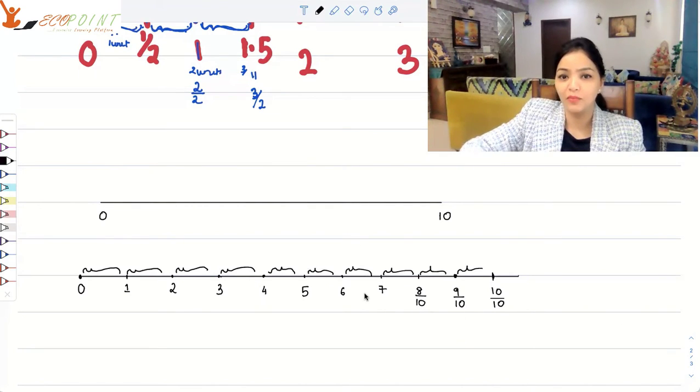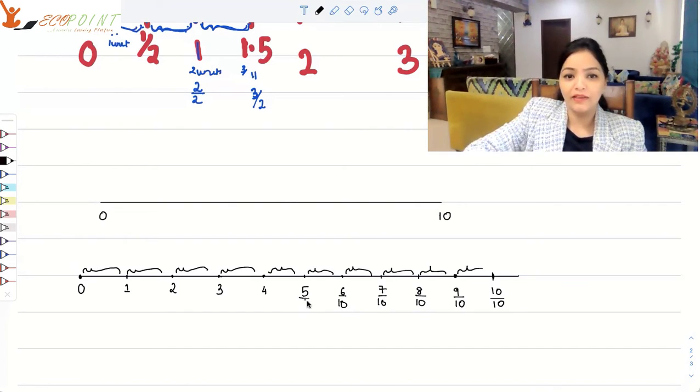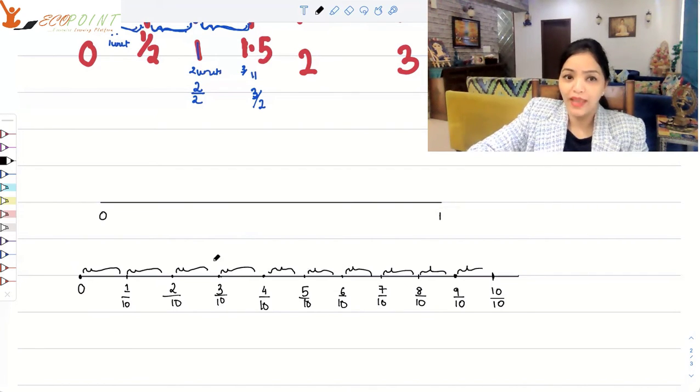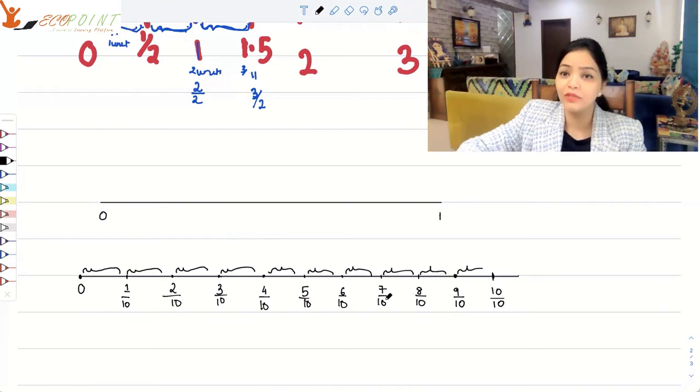This is 8 by 10. This is 7 by 10. This is 6 by 10, 5 by 10, 4 by 10, 3 by 10, 2 by 10, 1 by 10. Now, if you look at this, you are displaying 0 to 1, and these are the points in between 0 to 1.